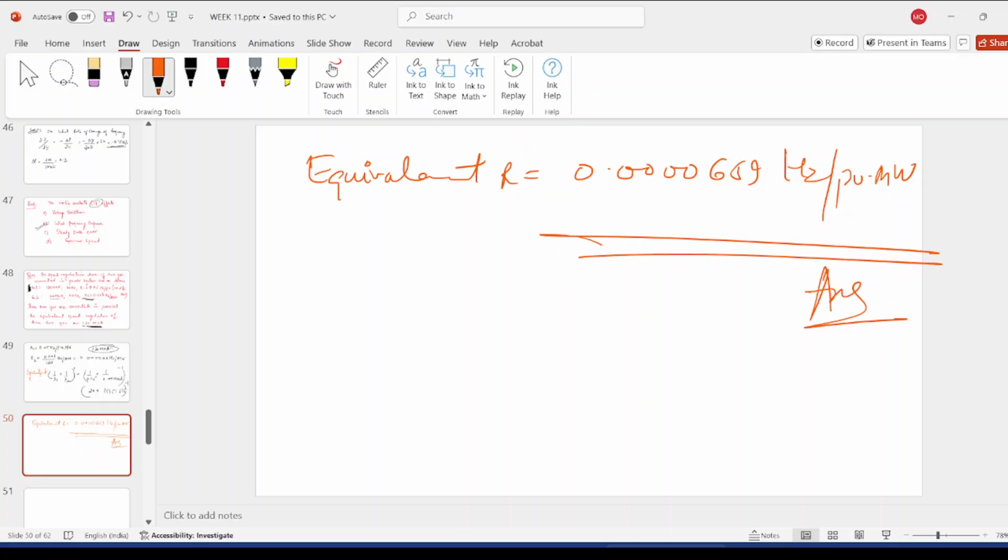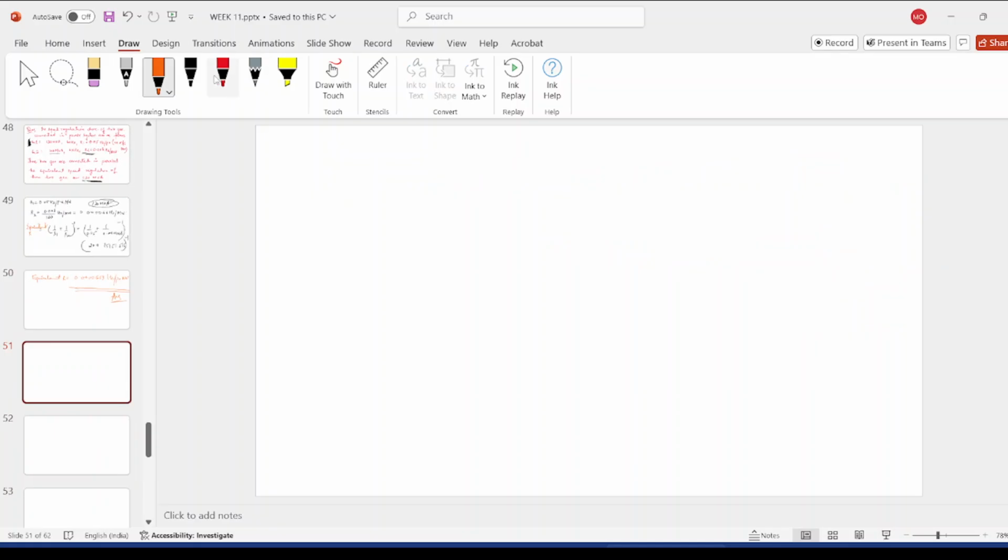Now moving on towards another question. Consider a two area system connected with a lossless line.